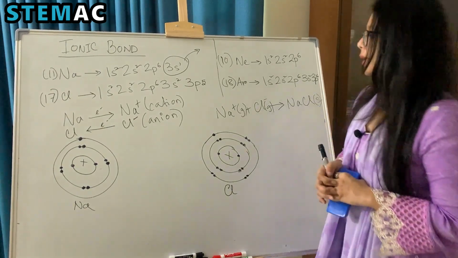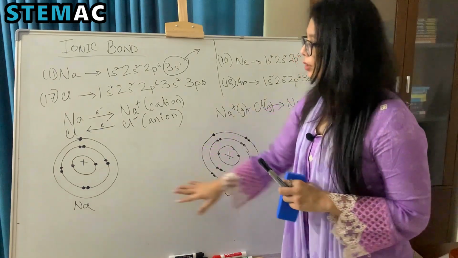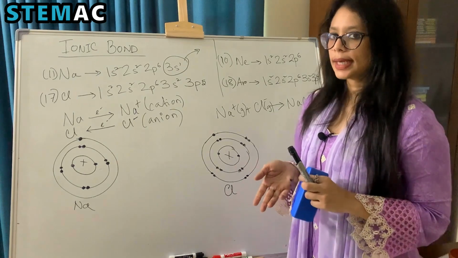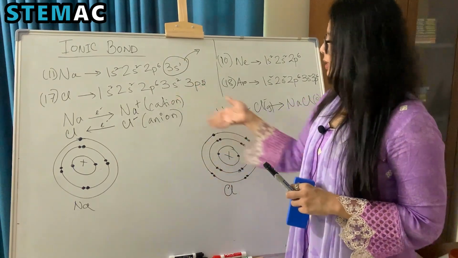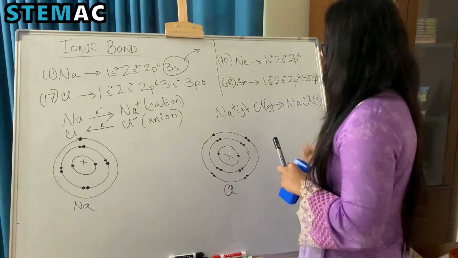Okay, now if I just want to visually represent it easily, this is how the electronic configuration looks, and this is a very popular diagram you have in your textbook as well. So this is how the normal stable atoms of sodium and chlorine look.